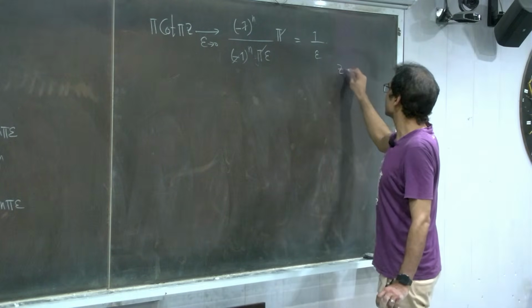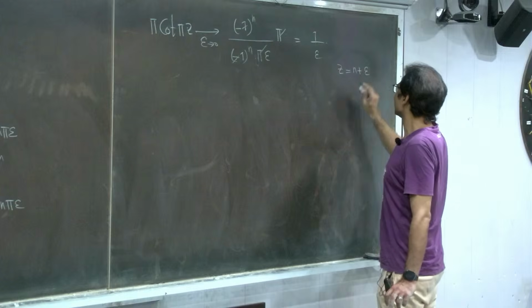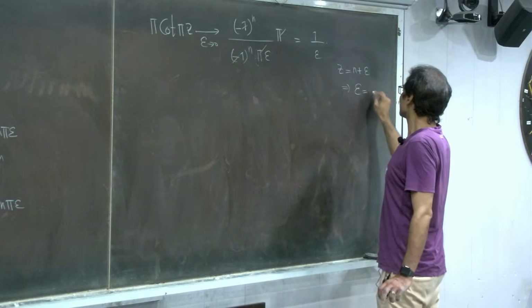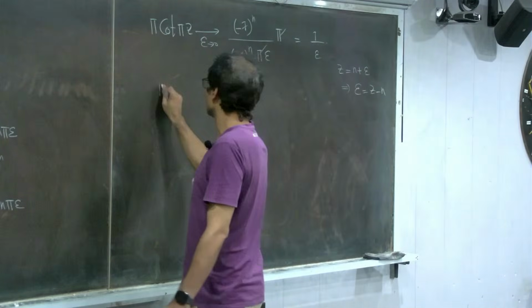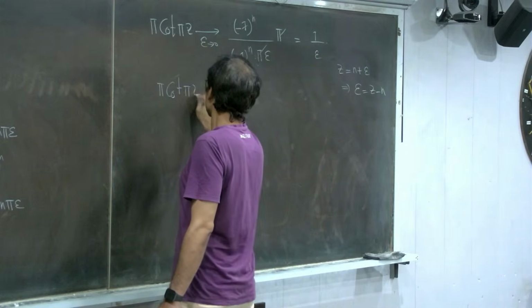And you remember I took z equal to n plus epsilon, so epsilon is equal to z minus n. Perfectly fine. You have recovered a pole of pi cotangent pi z.